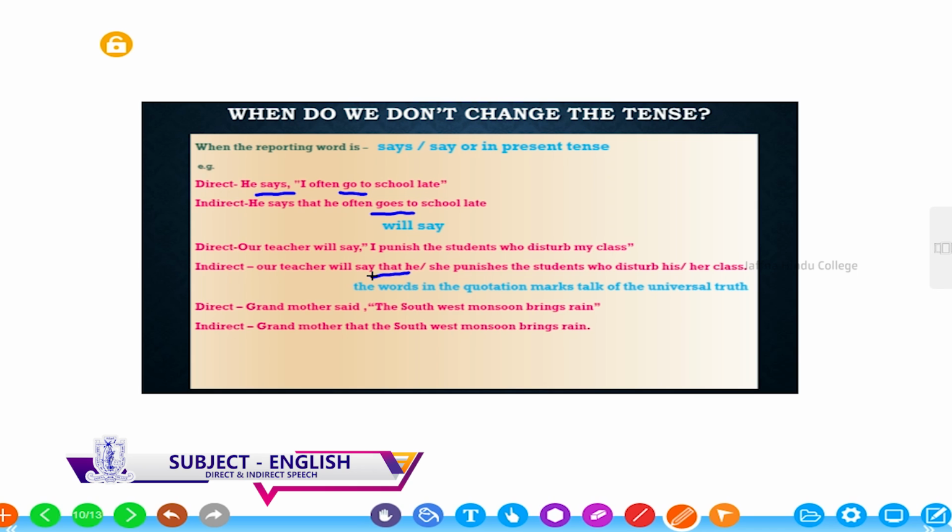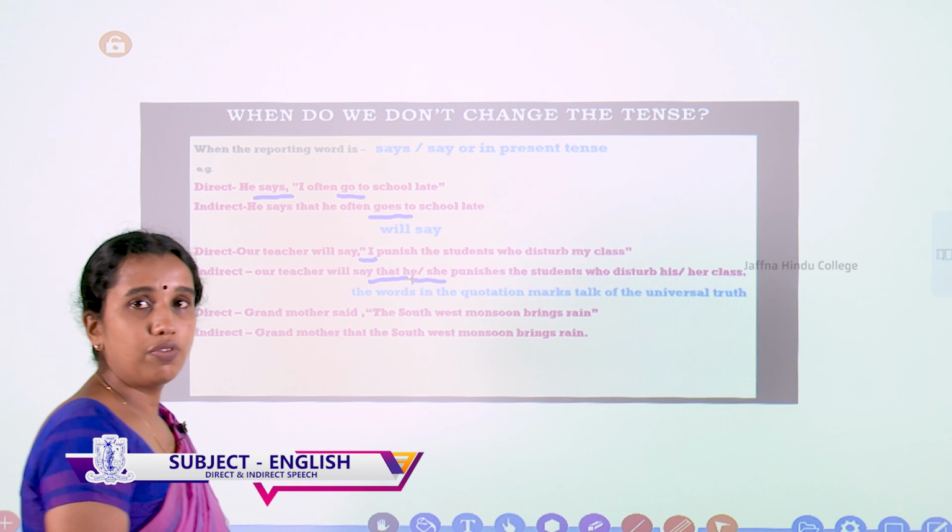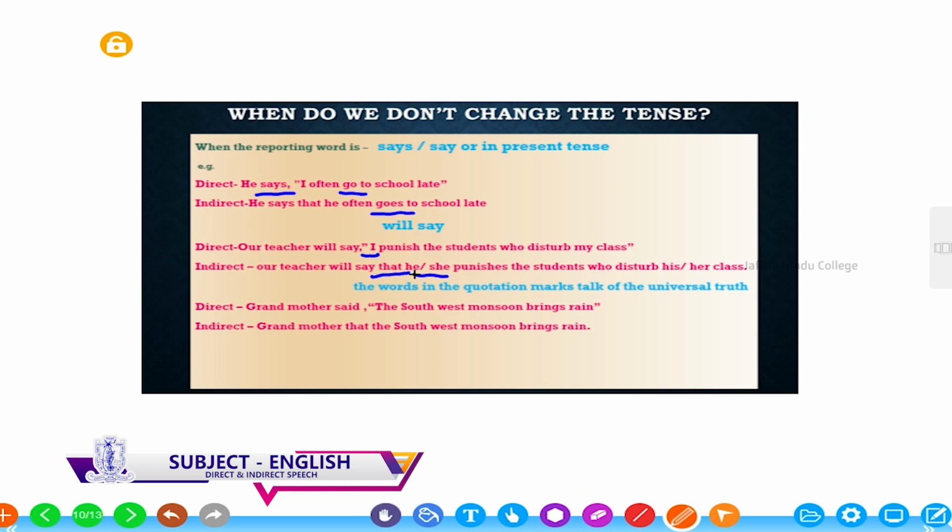You can use anything. So, the subject changes, I is changed as he or she. So, the verb should be changed, the verb plus does. So, the punish changes as punishes the students who disturb.